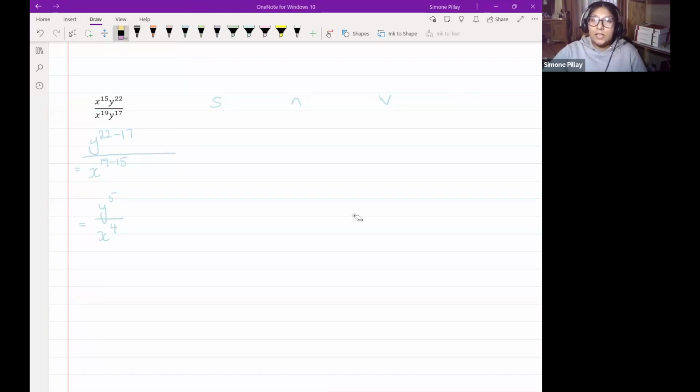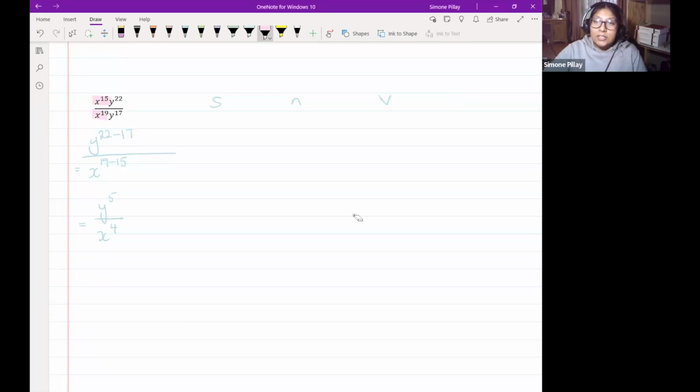And just for an explanation, how did Tando get this? We said, okay, I have X's and I have Y's, and I can see I'm doing division. So Tando said, I'm going to use law 2, which says when I have the same bases and I'm doing division, I keep my base and then I subtract my exponents. And so what Tando did is Tando said, okay, I have X and I have X over here, but I don't want to say 15 minus 19.